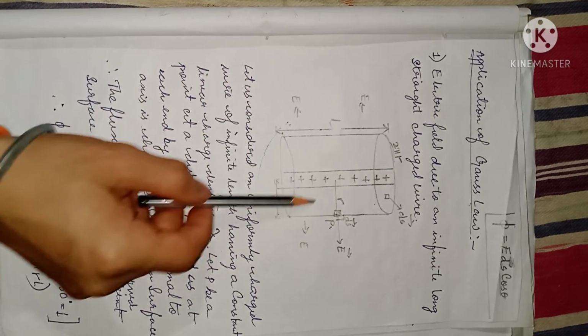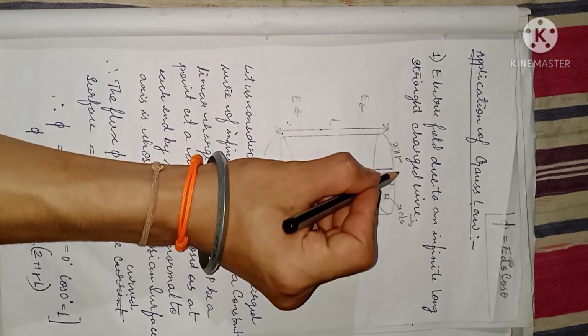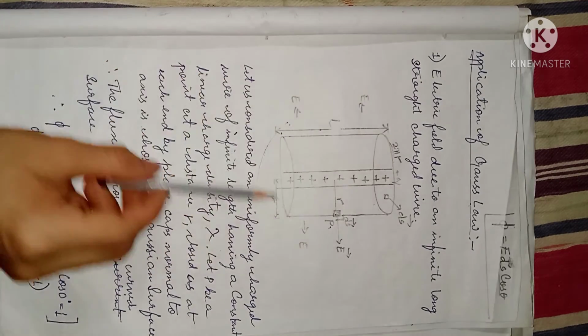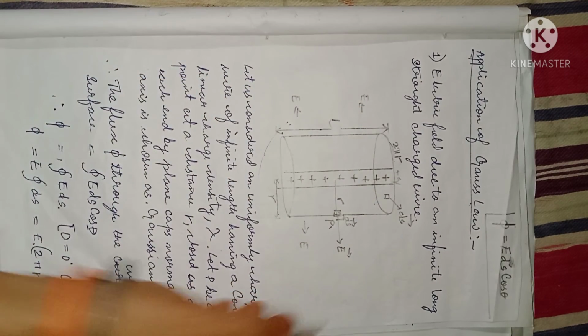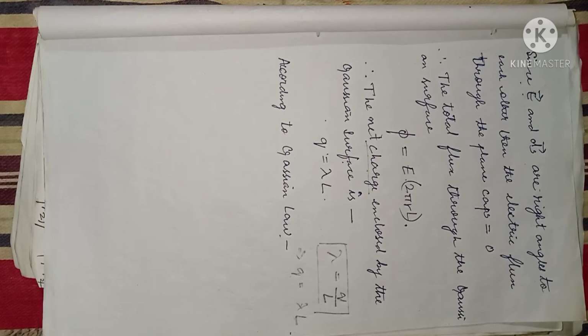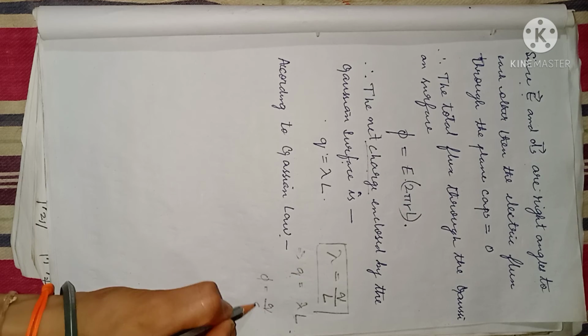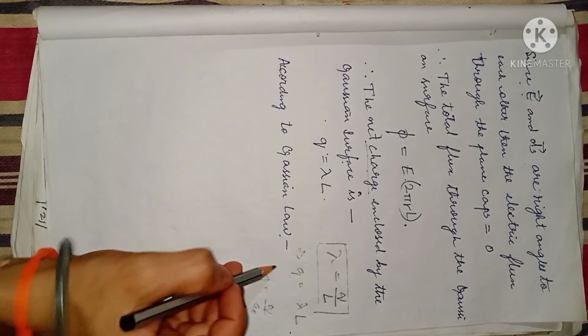Suppose we have considered a charge of plus q. This is plus q charge, isn't it? Net charge enclosed by the surface. The formula of Gauss law I have already explained: phi is equal to q by epsilon naught. So this is also rough.